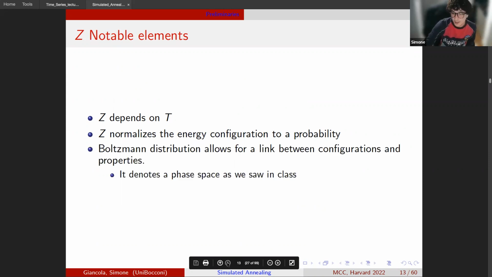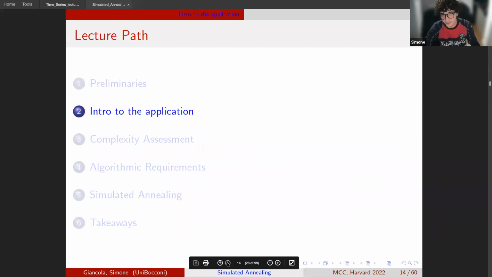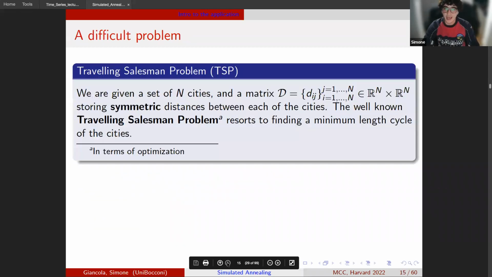It is, though, a link between configurations and energy, which helps characterizing a microstate with its macrostate. And this also gives us a link from the reality we can observe and the reality we cannot observe, and is thus helpful somehow.